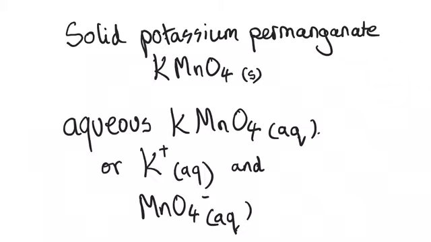Solid potassium permanganate can be written like this, KMnO4 subscript s, and aqueous potassium permanganate is written KMnO4 aq, or K+ aq and MnO4- aq.